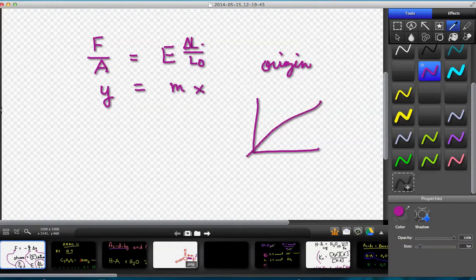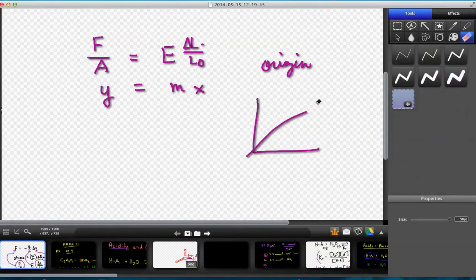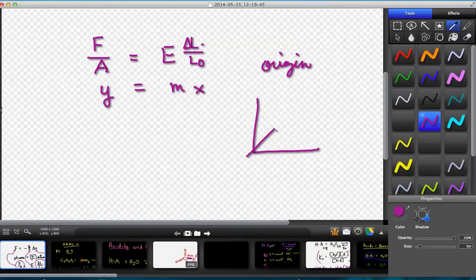Well, that's not much of a straight line, but you understand what I'm saying. And that's answer choice B. Best answer by far.